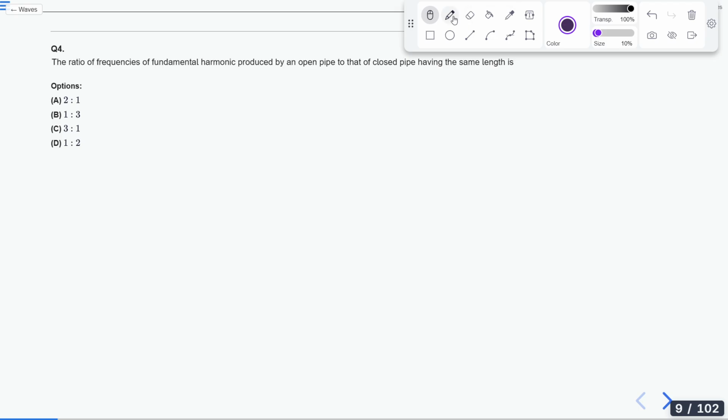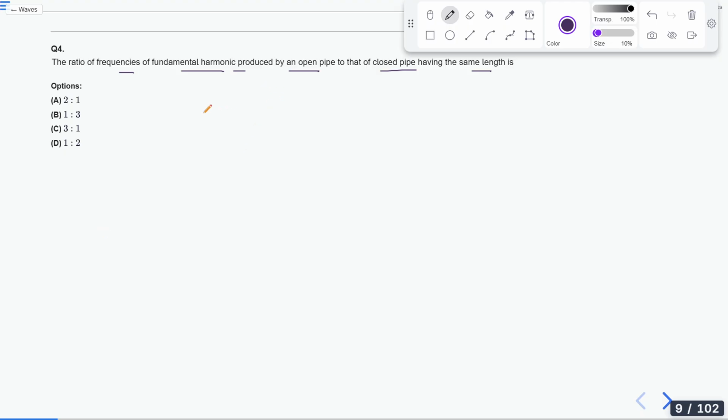So next question. The ratio of frequencies of the fundamental harmonic produced by an open pipe to that of a closed pipe having the same length. So the length is the same in the case of the open organ pipe and the closed organ pipe. You have to find the ratio of the fundamental frequencies produced by the open pipe and closed pipe.